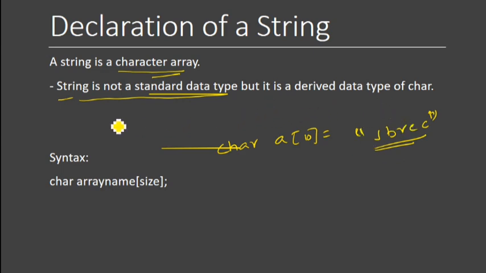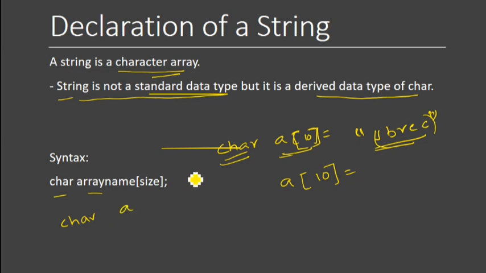String is derived from the data type character. So A is a variable which can store 10 characters. I declared it as a character array, and the square brackets indicate an array of characters. Syntax: character, array name, size. Array name is A here, and size is 10. This is the declaration of a string.